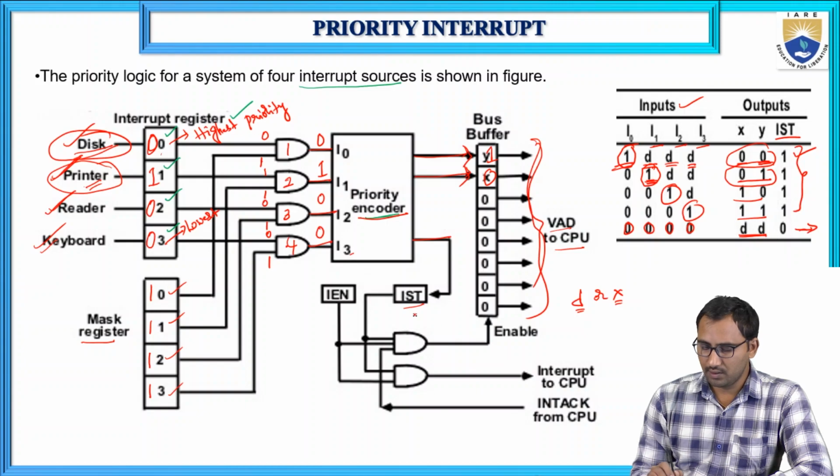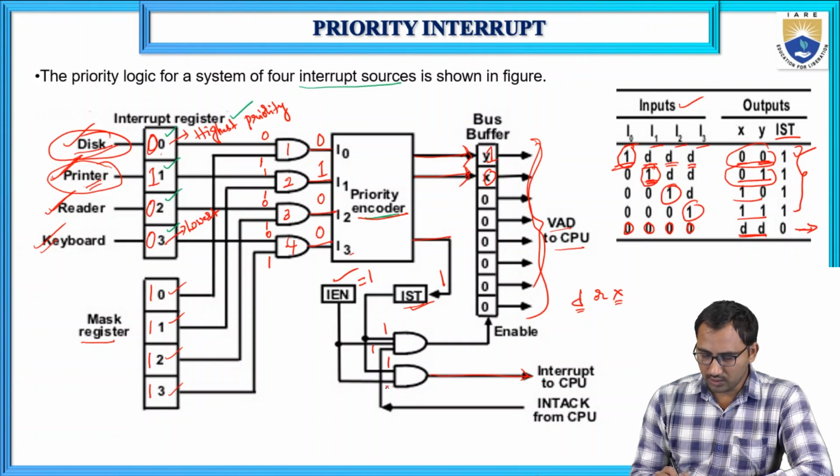And here, this is the IST bit and this is an interrupt enable. This is a logic circuit for generating the interrupt to the CPU. When an interrupt occurs, IST will be 1, and when interrupts are enabled, enable is equal to 1.